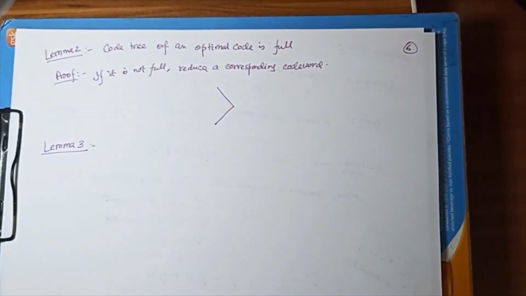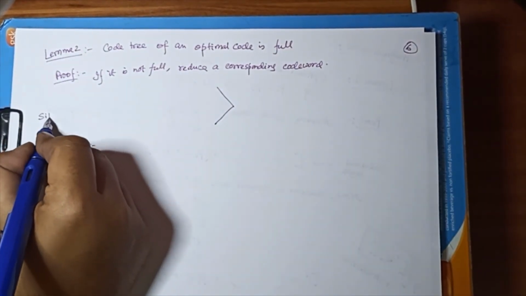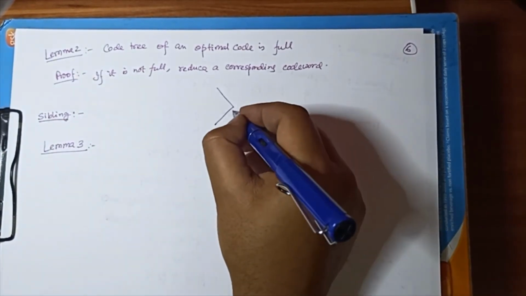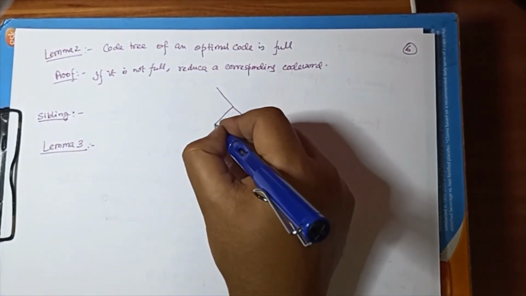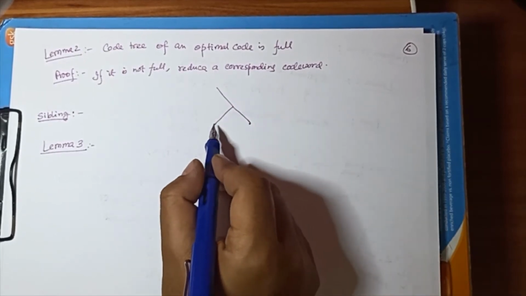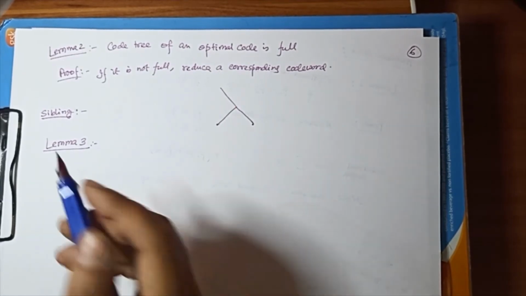So let me define something called sibling. Sibling is basically brother or sister, you can say. So sibling is basically two codes which are coming from the same parent node. They differ only in the LSB, the least significant bit.